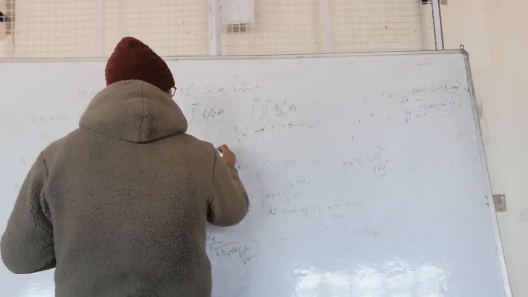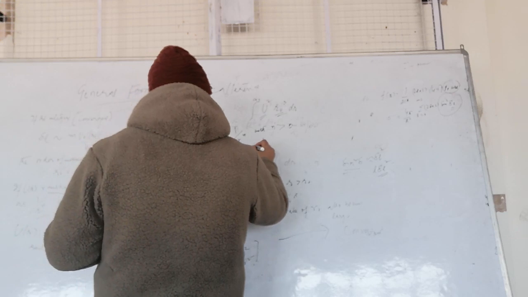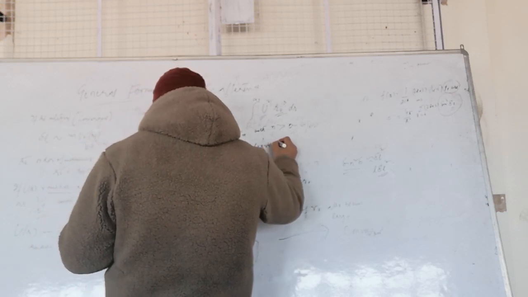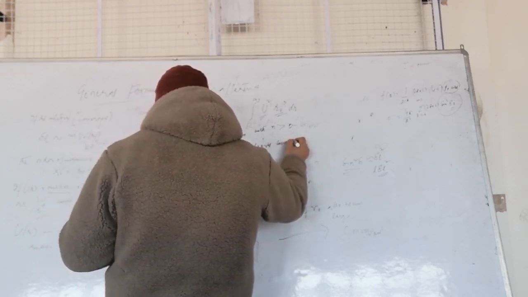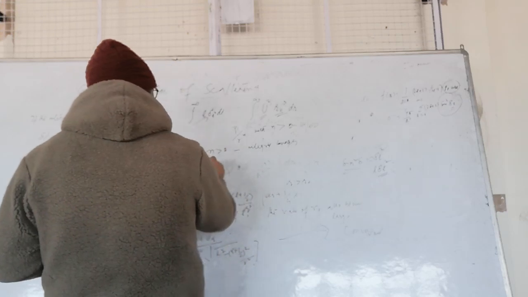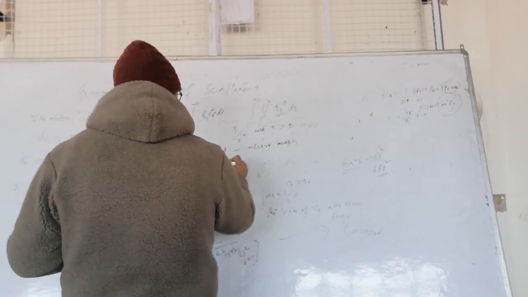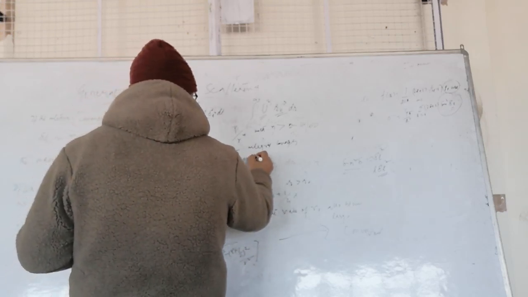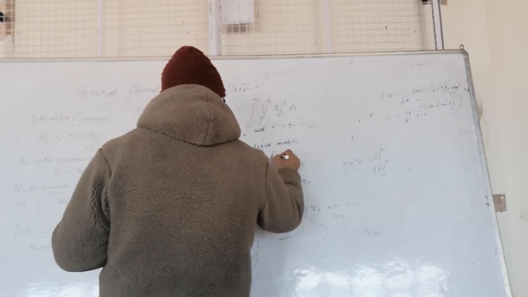And for n greater than 2, this integral converges and the total cross section is finite.